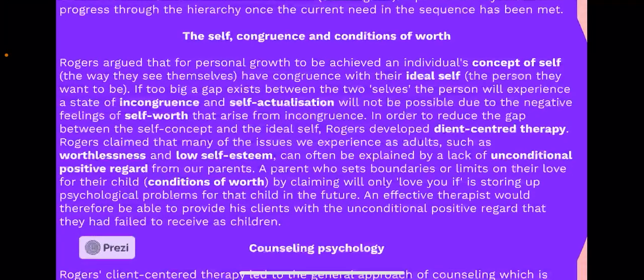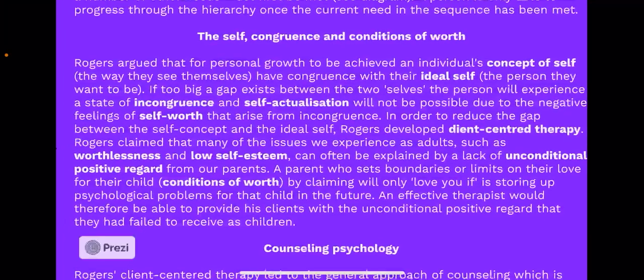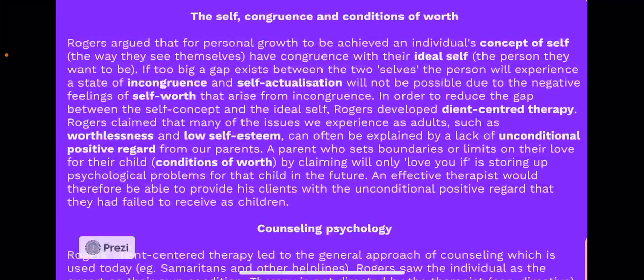In addition to Maslow, we had Rogers. Rogers developed Maslow's ideas further. Rogers argued that for personal growth to be achieved, an individual's concept of self, so the way that you see yourself, must have congruence with your ideal self, so the person you want to be.